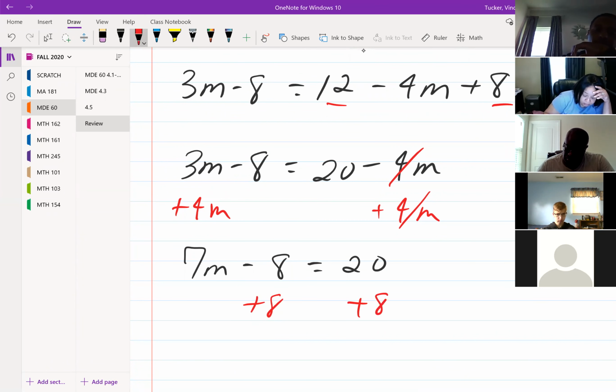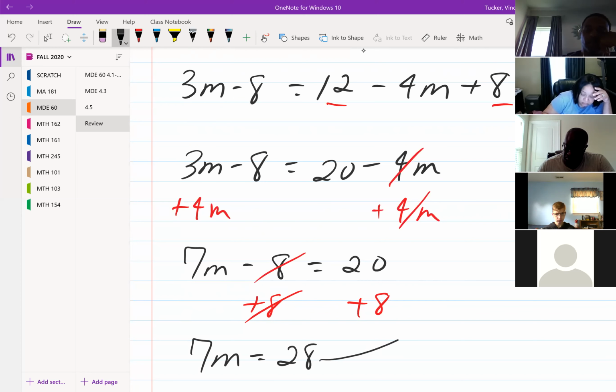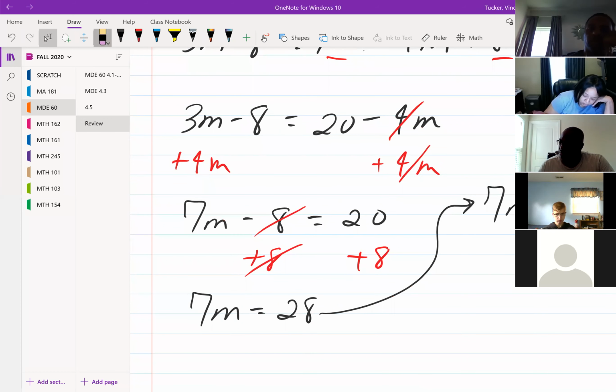Add 8. Then finish it off by dividing by 7.